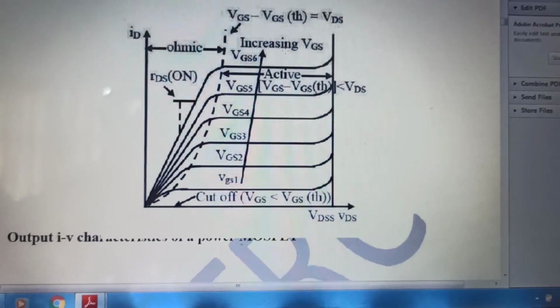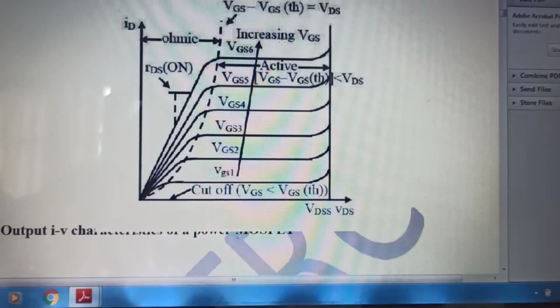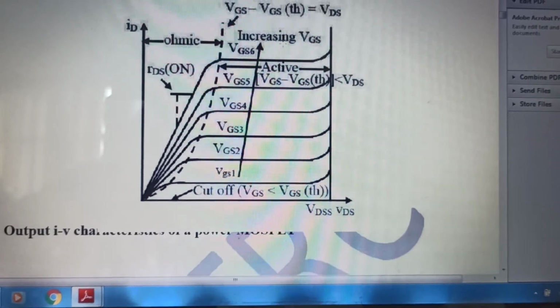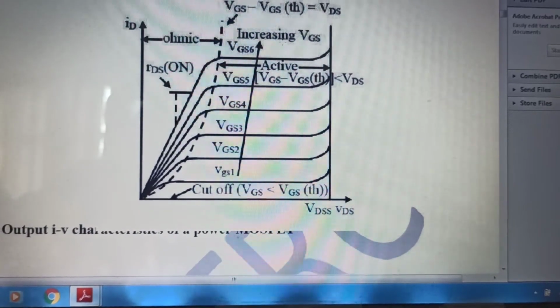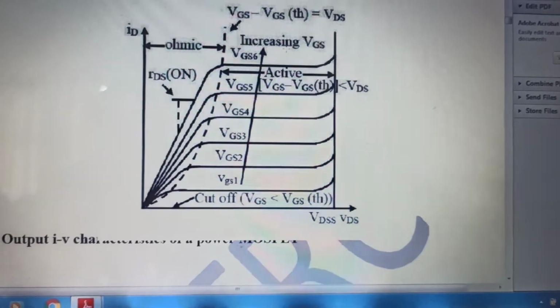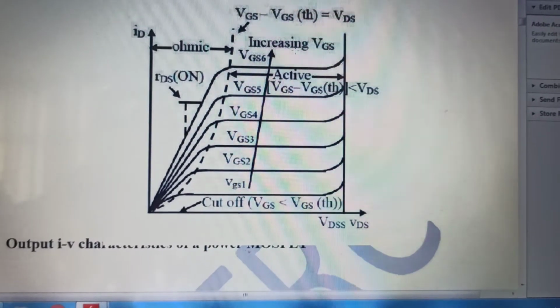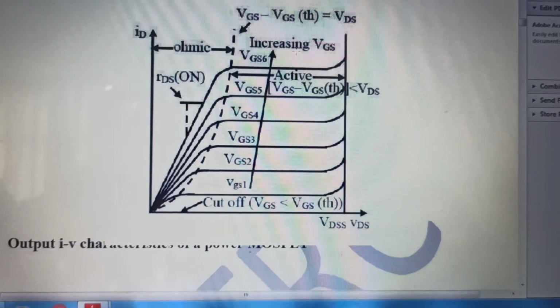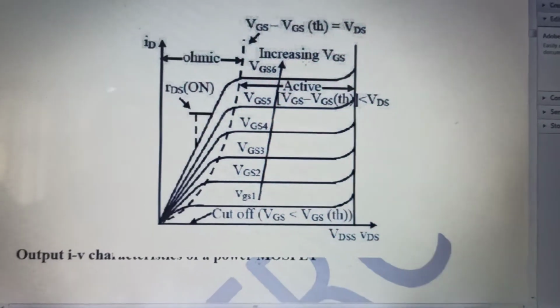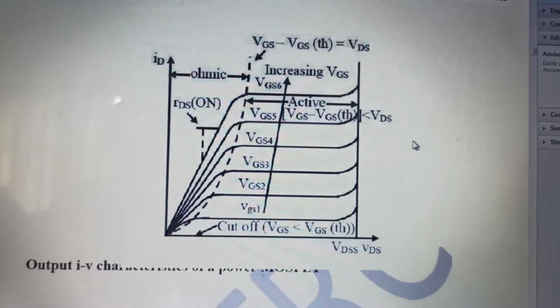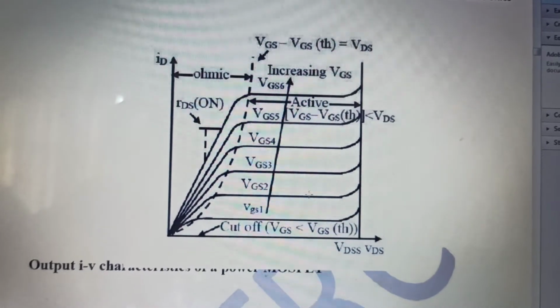After saturation it comes into the breakdown region. In the breakdown region, when the drain voltage approaches the maximum drain source voltage, it will break down, and the current will increase rampantly.